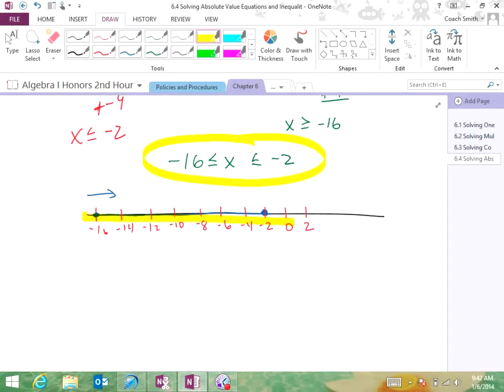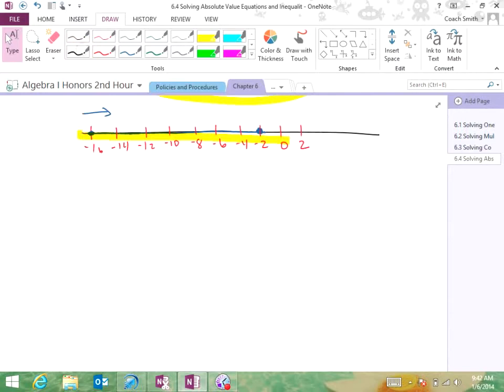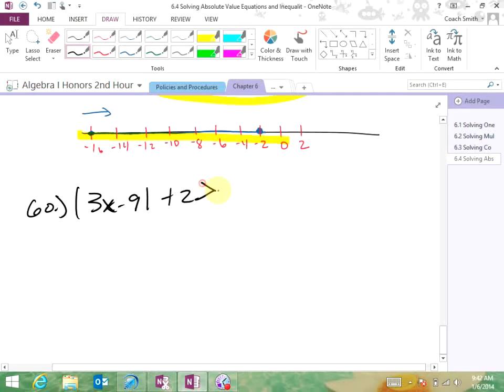Let's look at, I think it was, let me look at 54. Okay? Let me see if 60 is an OR statement. Yeah, let's look at 60. I'll look at the hardest one. Number 60. Okay? Number 60 says the absolute value of 3x minus 9, plus 2, is greater than 7.